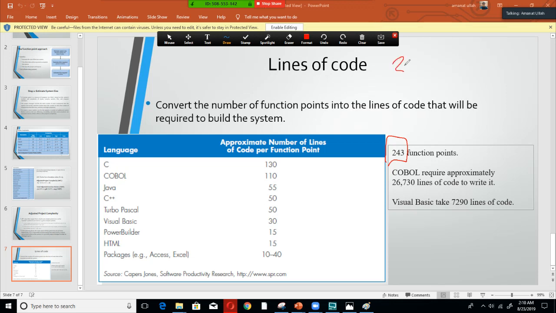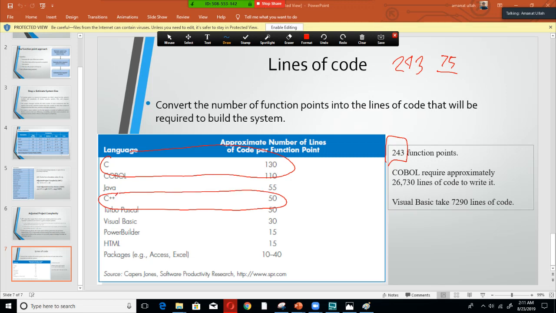So you might also be given a language where you code 75% of your code in C and the rest, 25%, in C++. So your lines of code will be 75% C, so we use the value here, 130, plus 25% of C++.